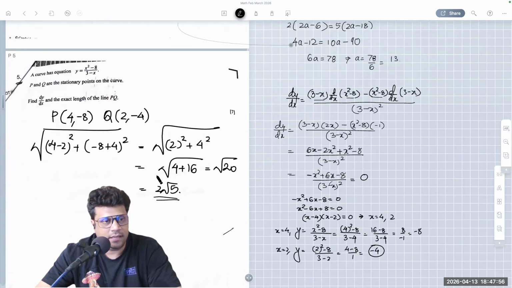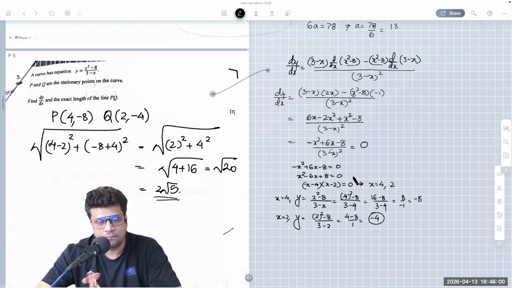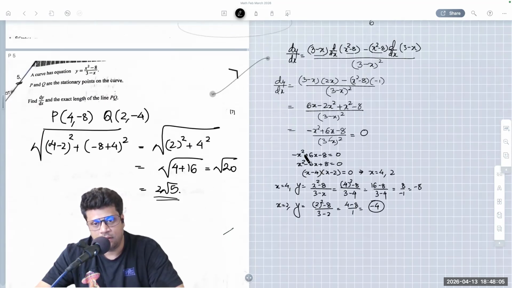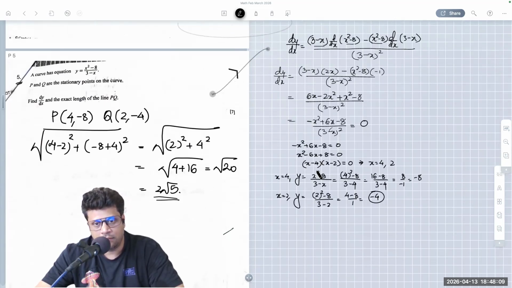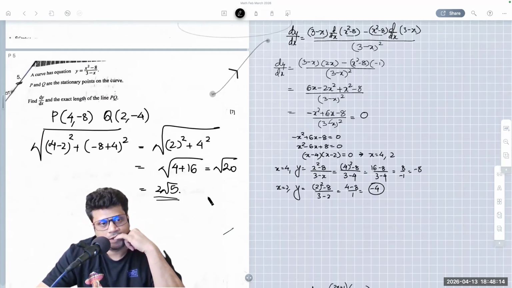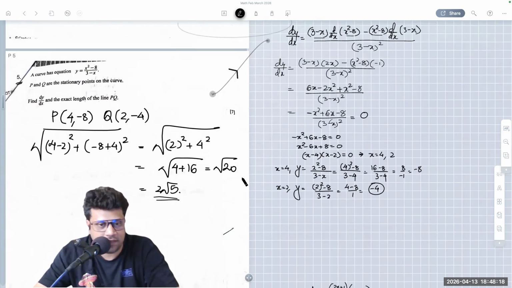And then dy by dx. Stationary point thing. I did a mistake here. Minus x square thing. I forgot that negative x square. I just hope this one is correct though, man.